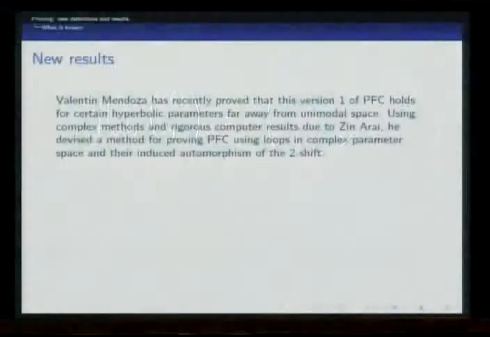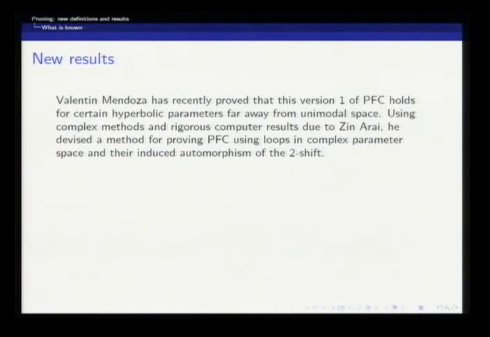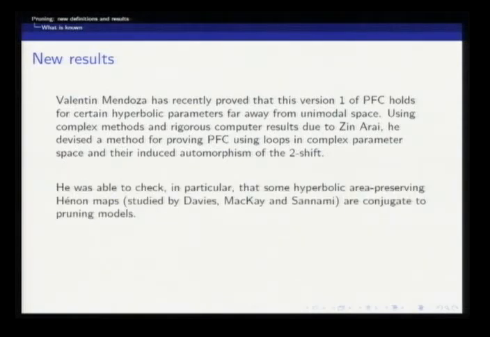But he proved it for hyperbolic parameters very far from unimodal space, and his proof is a very clever observation. We used complex techniques and some results of Arai, which are computer assisted. Arai had some computer assisted proofs, and Valentin noticed that this can be used to give a proof of the pruning front conjecture for certain parameter values. And so he was able to check in particular that some area-preserving maps, Hénon maps, are conjugate to some pruning models.